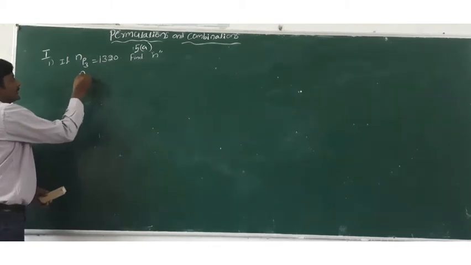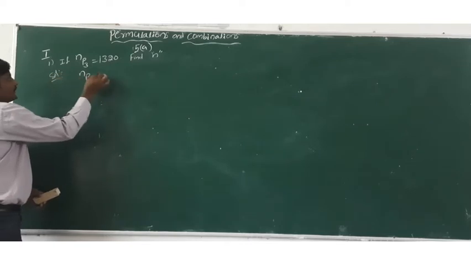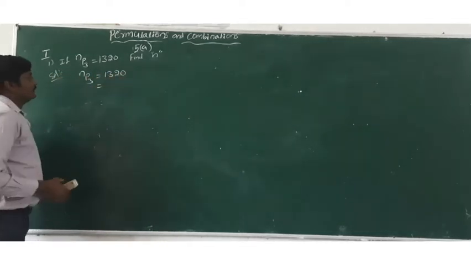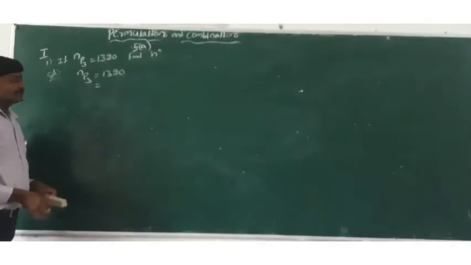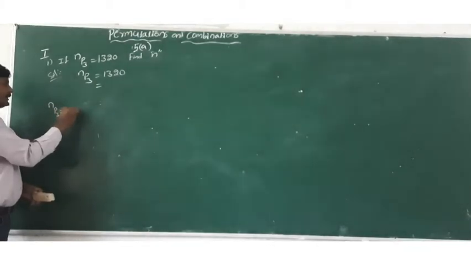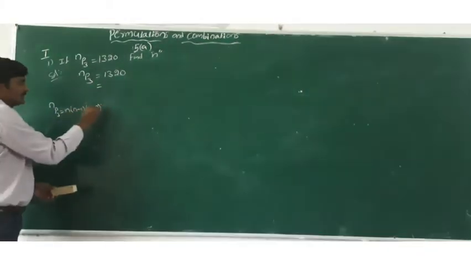Solution: given nP3 is equal to 1320. nP3 means three consecutive terms.